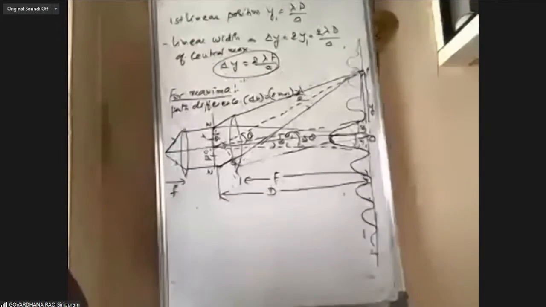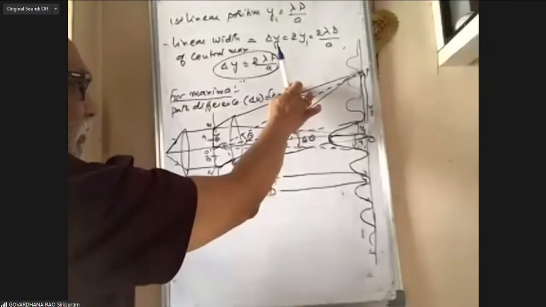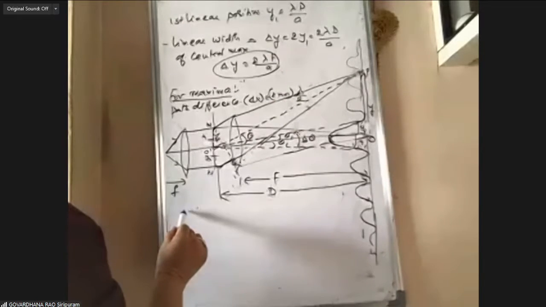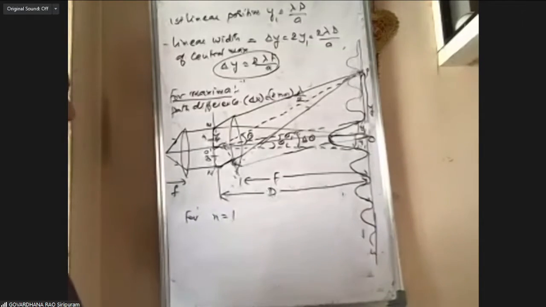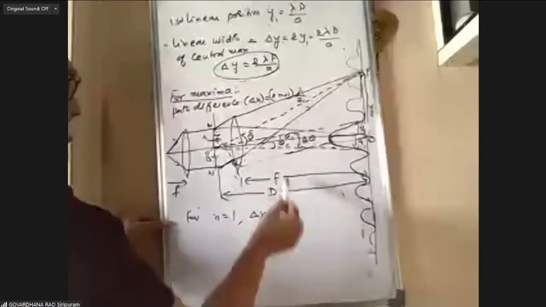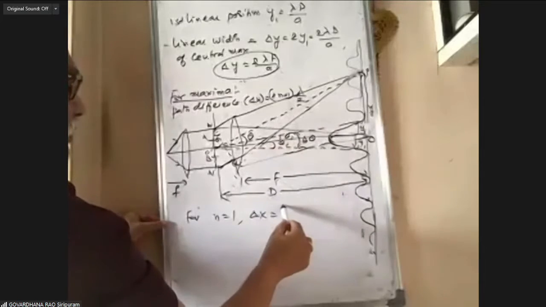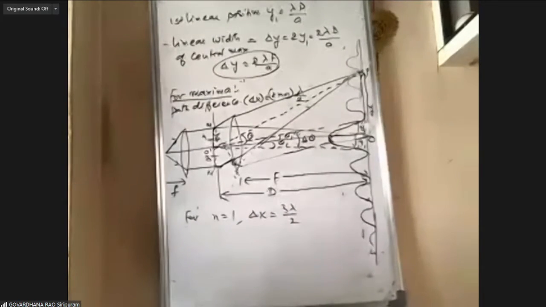For maxima, path difference is how much? 2n plus 1 into lambda by 2. Suppose n equals 1. For n equals 1, what is the delta x you will get? 3 lambda by 2.